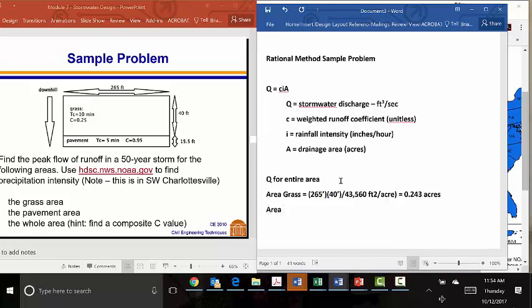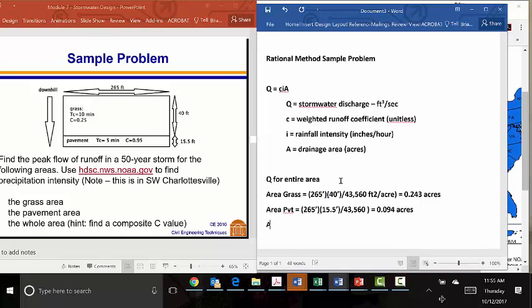Area for the pavement is similar. It will be 265, the width, times 15.5, the depth here, divided by the conversion factor 43,560, and I'll just not include the units in this case, and that will give me a total area for the pavement of 0.094 acres.